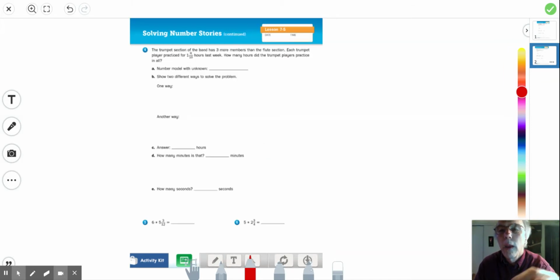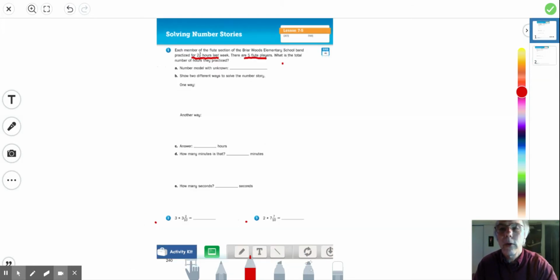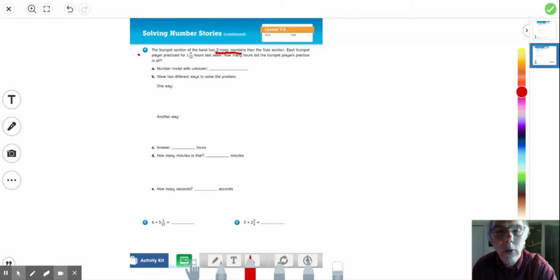So now they're talking about the trumpet section for problem four. So the trumpet section of the band has 3 more members than the flute section. So that flute section had how many? Well, let's go back to it. The flute section had 5 flute players. So obviously 3 more is going to be 8. So we're going to be dealing with 8 somewhere along the way.